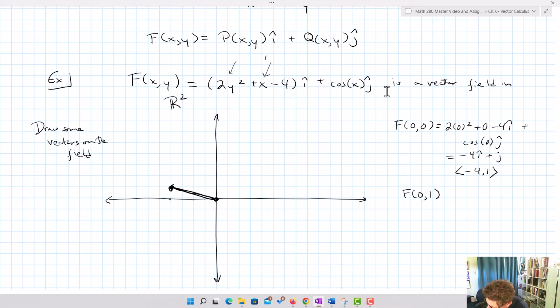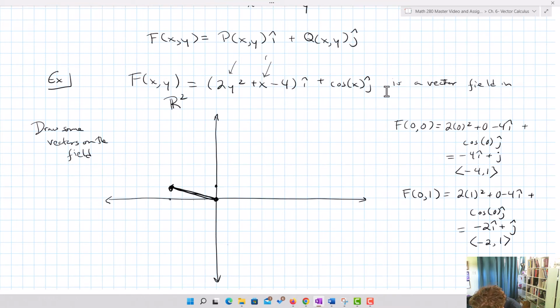Let's say, for example, now I change position. At a new position, let's say it's 0, 1. This is going to equal 2 times 1 squared plus 0 minus 4 i plus, again, cosine of 0 j. And so that's going to end up equaling negative 2 i plus j, which is negative 2, 1.